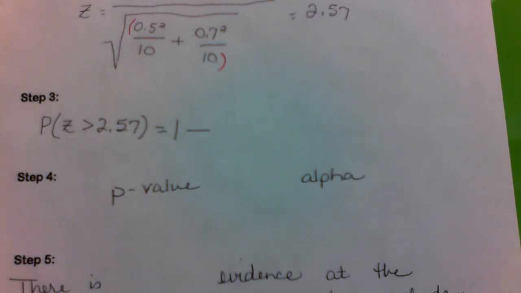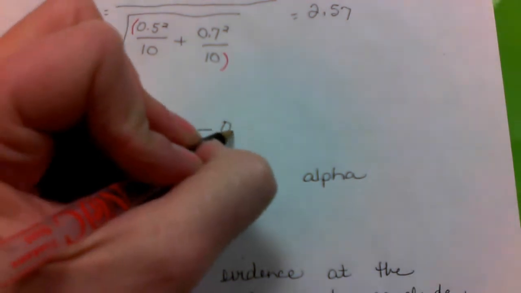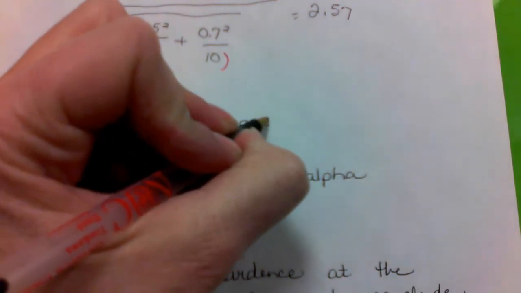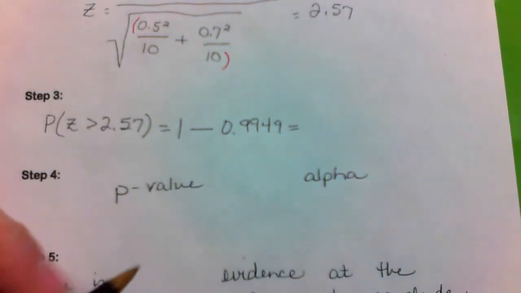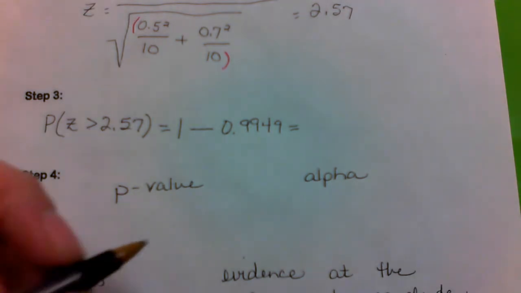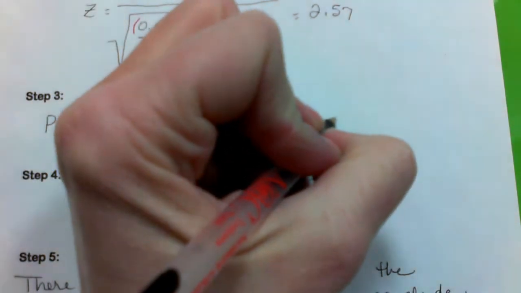So we go to the Z table and find 2.57, and you should find 0.9949. So 1 minus 0.9949 is 0.0051.